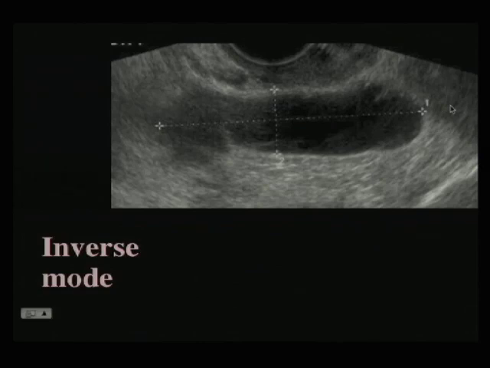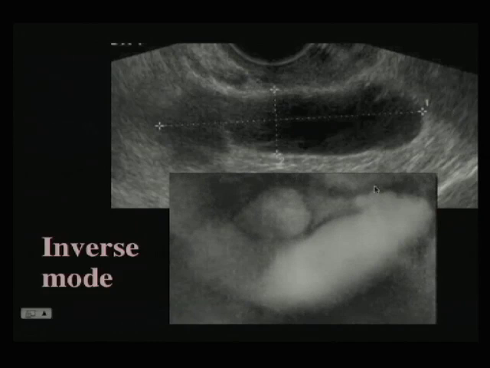Now, this is just a single 2D image, but let's see what happens if you take a volume of this and then turn on the inverse mode and make a cast of everything that's cystic inside that volume. Well, here we have the hydrosalpinx. We also have the fimbriated end of the tube here, which of course we didn't see before because it was in a different plane. And we also have a follicle, which is located in the ovary, which is also in another plane. So you have a lot of information in the inverse mode because you've made a cast of everything that's cystic, but everything that's solid has melted away in the image.